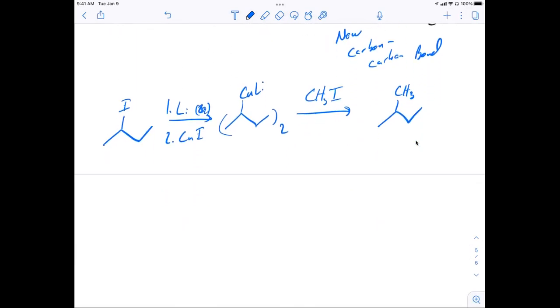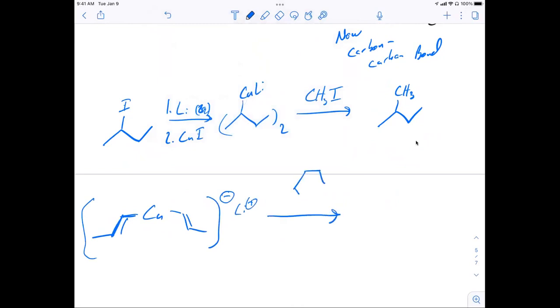Which means that here you notice I did all sp3s, but I can use Gilmans for other carbons too. If I can make the halide out of it, I can make the cuprate, right? So I can make the cuprate here and react that with a halide. So here I have the halide on the sp2 carbon.